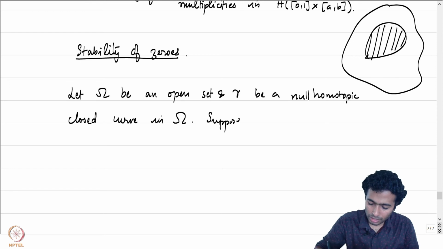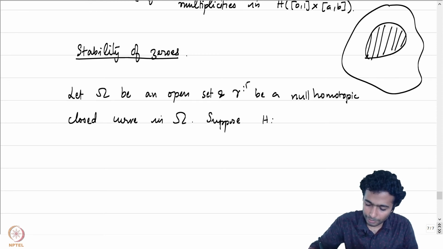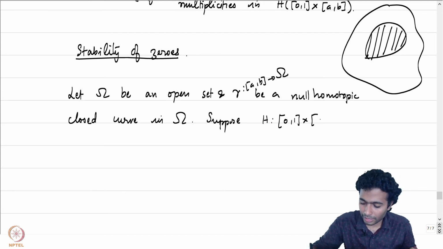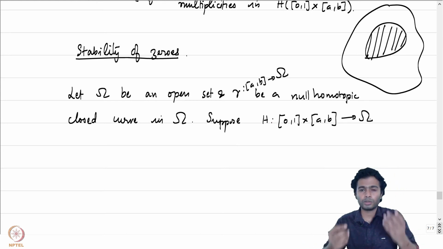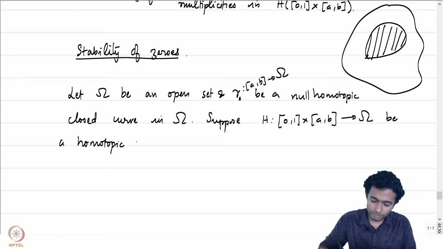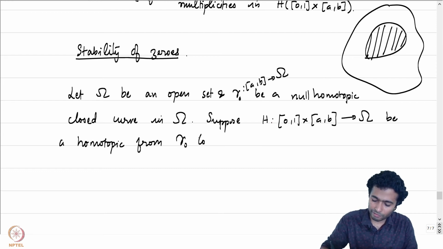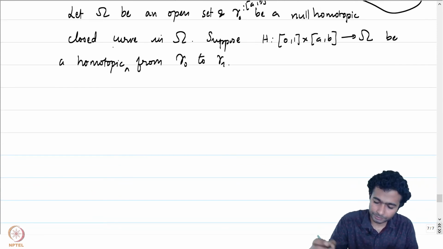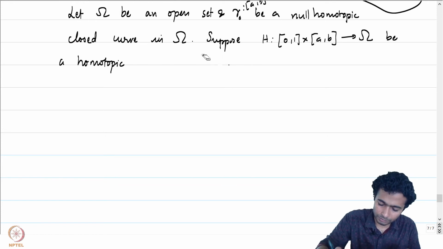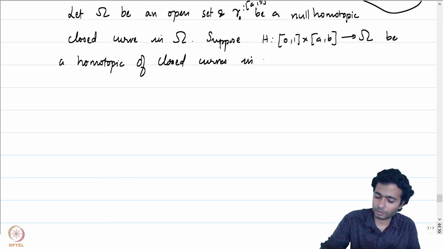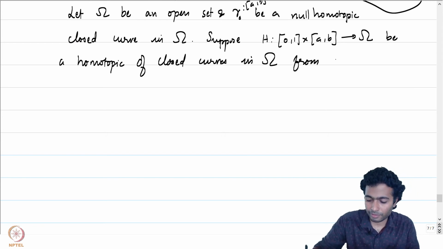Suppose H from 0 1 cross a, b into omega is a homotopy of closed curves from gamma 0 to gamma 1.